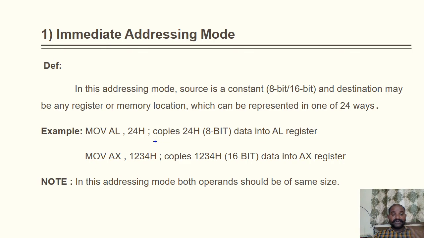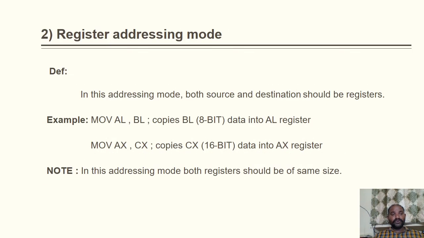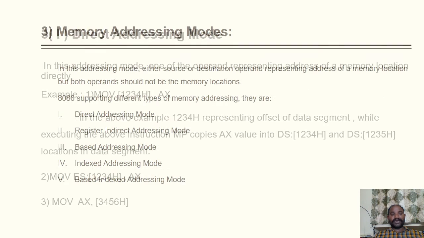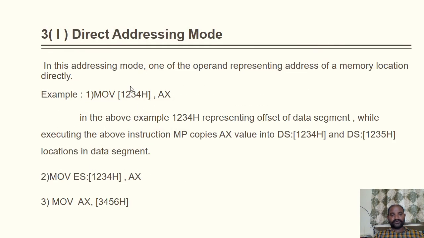If we have a numerical value within a square bracket, then that 16-bit number represents the offset address of a segment. This 1234h is representing the offset address.